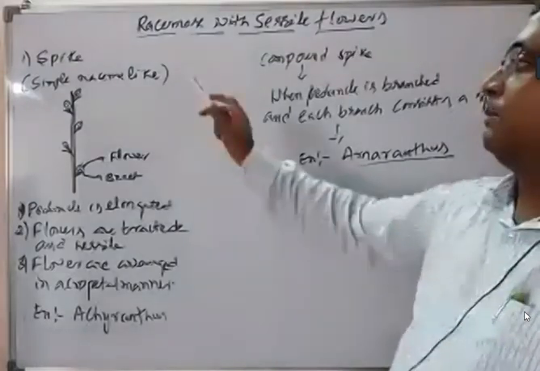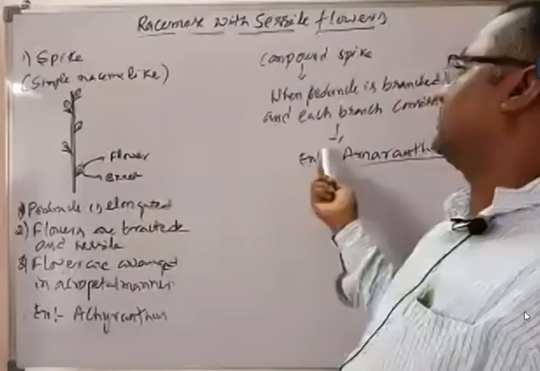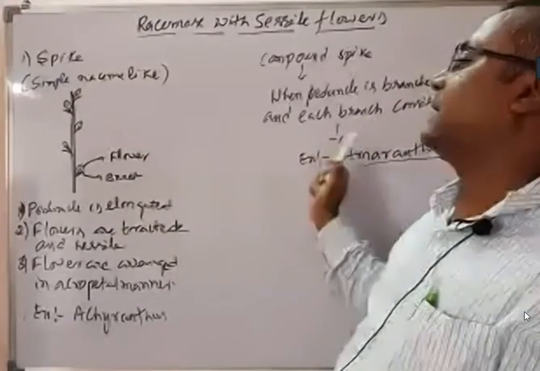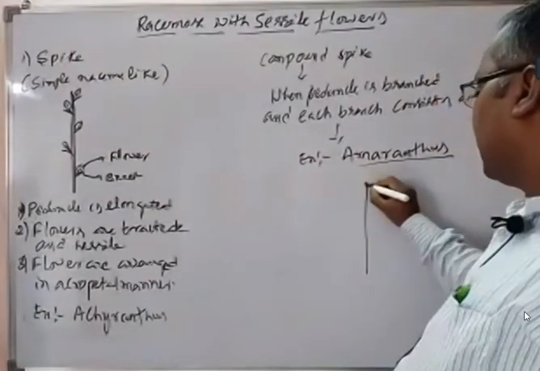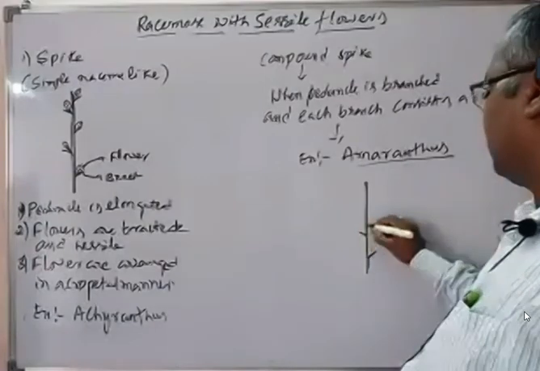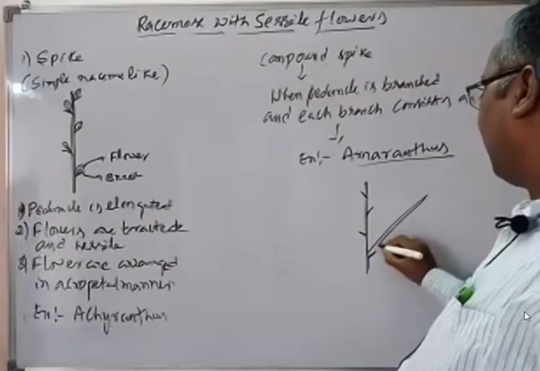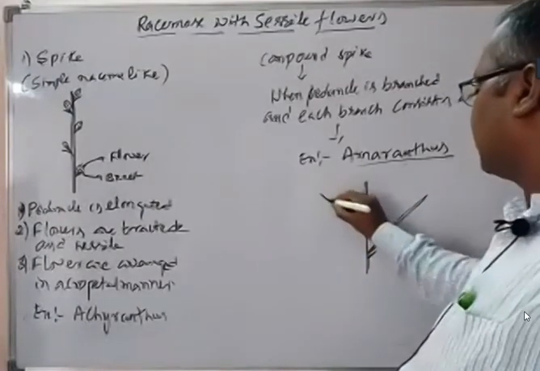So here flowers are sessile, here also the same. The only difference is the peduncle is branched here, here unbranched. Branch in the sense, this is the main peduncle and it forms branches like this.